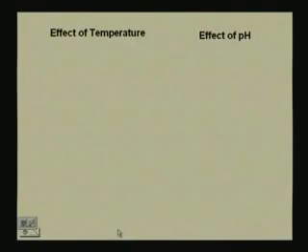Okay. Now, what happens to a protein when we heat it? It denatures. An enzyme is a protein. So, what do you have for normal reactions when you increase the temperature? The rate increases, right?